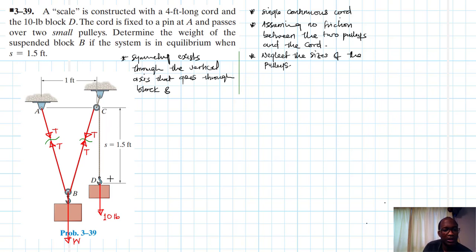Therefore, we expect the weight of the block to be equal to T. So T itself, therefore, T is equal to 10 pounds. It's the same throughout, right? This is going to be the same throughout, like so, because it's a continuous cord. So it will carry the same tension. Is that fine?